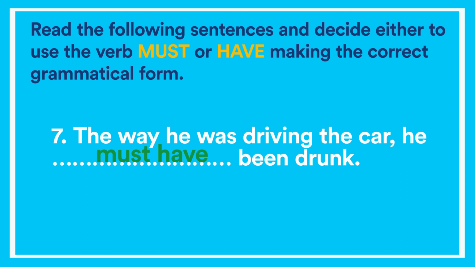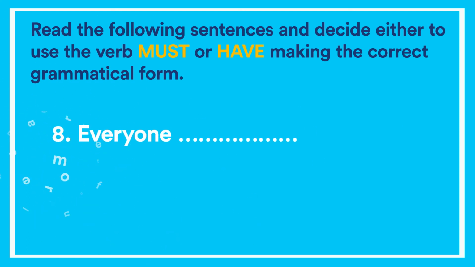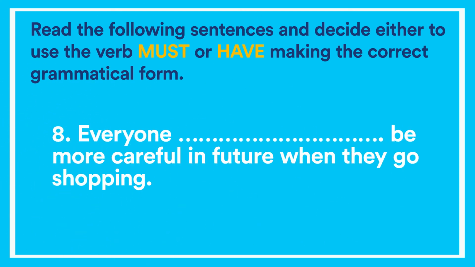Number 8. Everyone, be more careful in future when they go shopping. Use the verb will have to. Everyone will have to be more careful in future when they go shopping. Number 9.